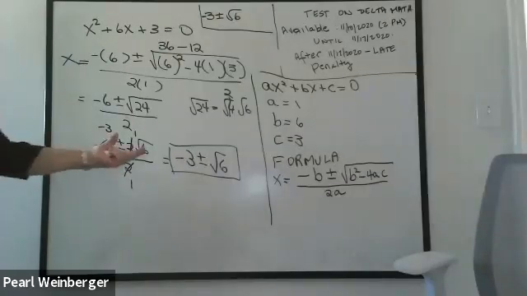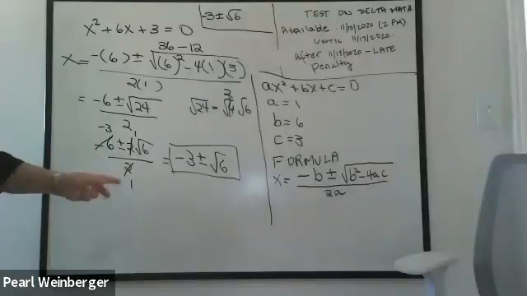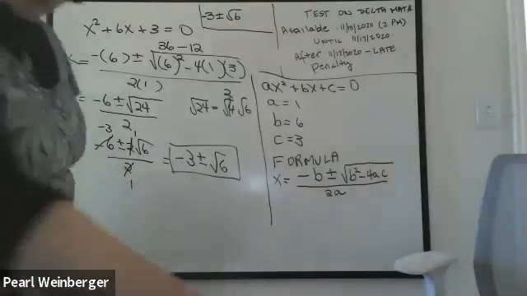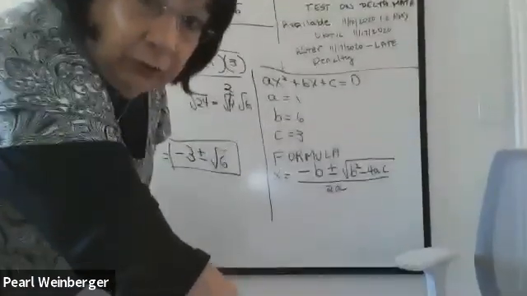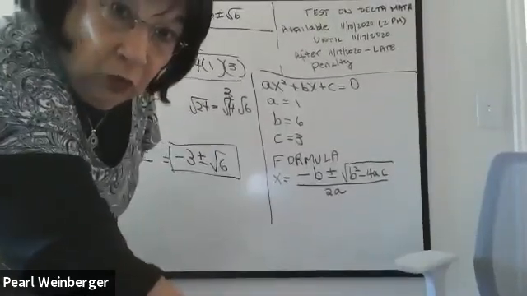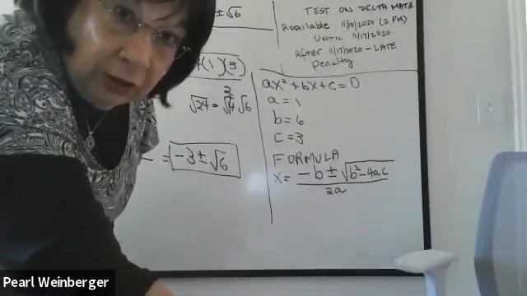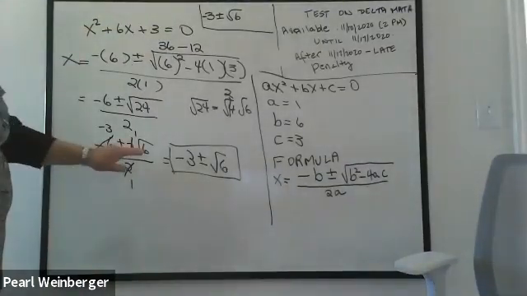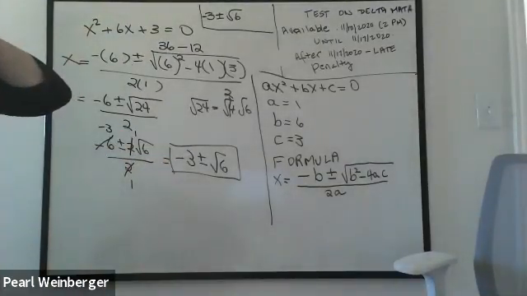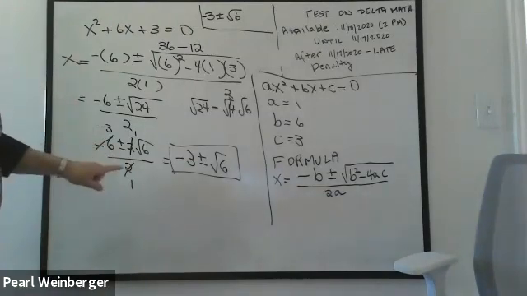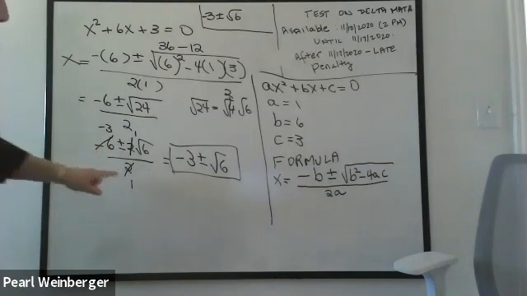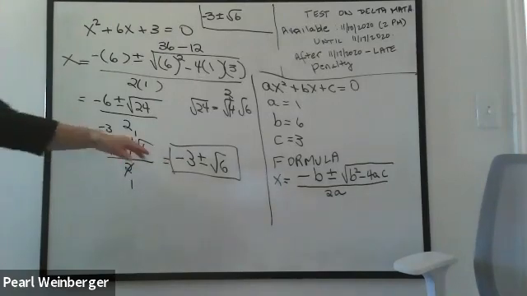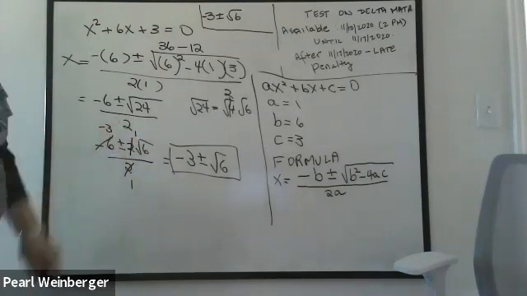Don't forget, when you're trying to simplify, very often you're going to have a 2 in your denominator. You're going to want to try and divide all the terms by the 2. But don't just divide the 2 into the negative 6. This 2 is over everything, so you have to divide the 2 into both terms.